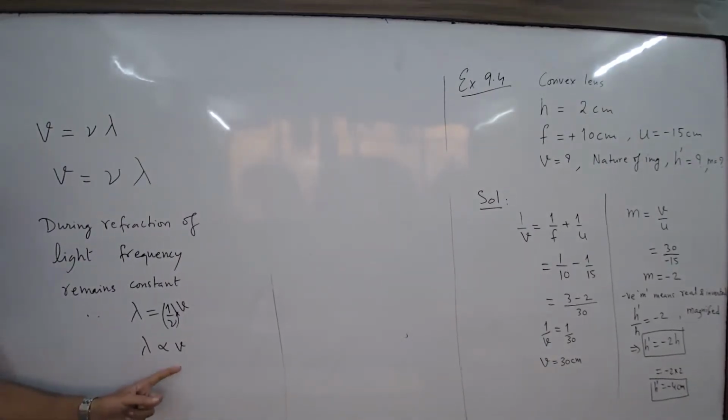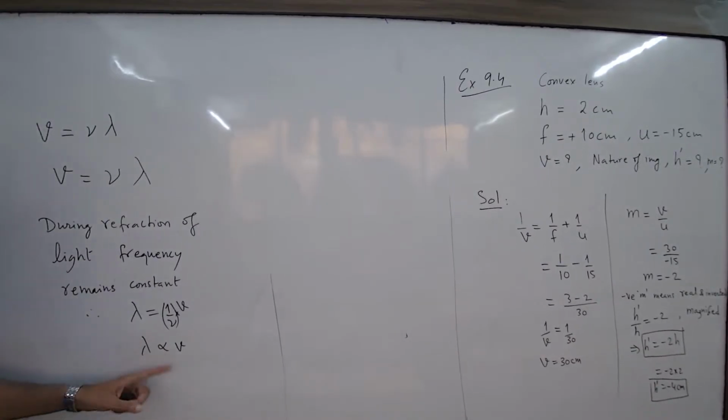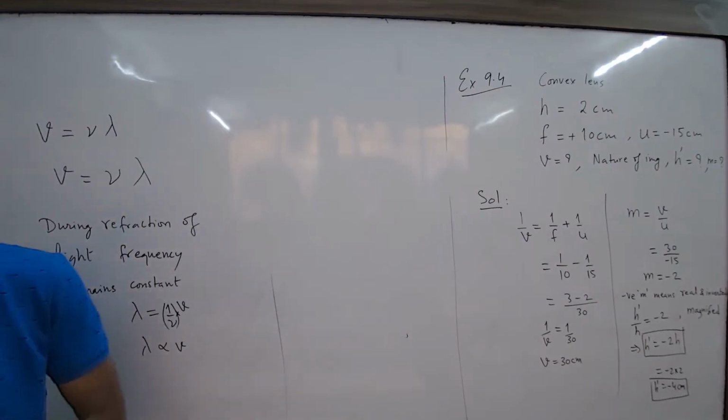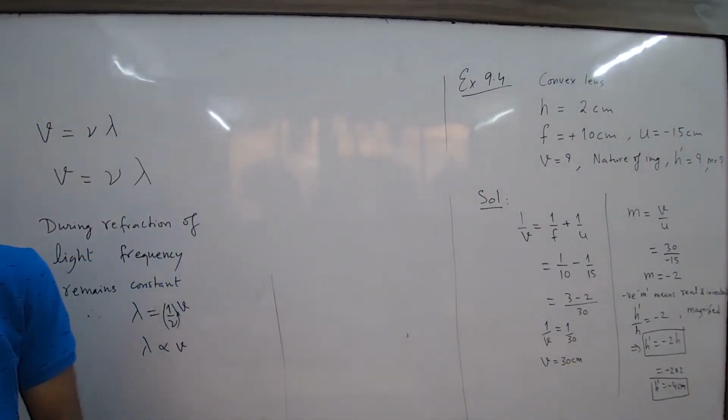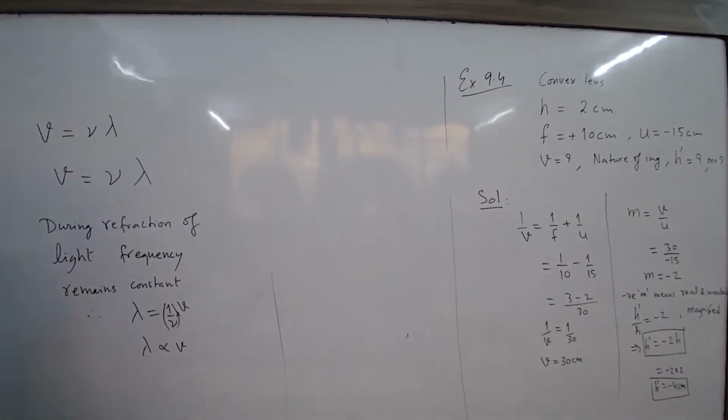In the second medium, the speed will slow down if it is denser. Then wavelength will also decrease. So wavelength will decrease in the denser medium. So write down: no change in the frequency, because frequency depends on the source.